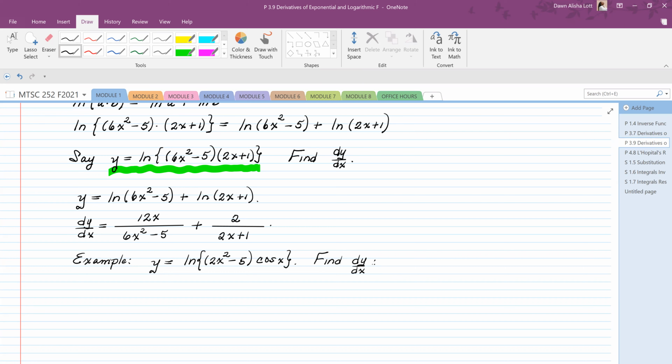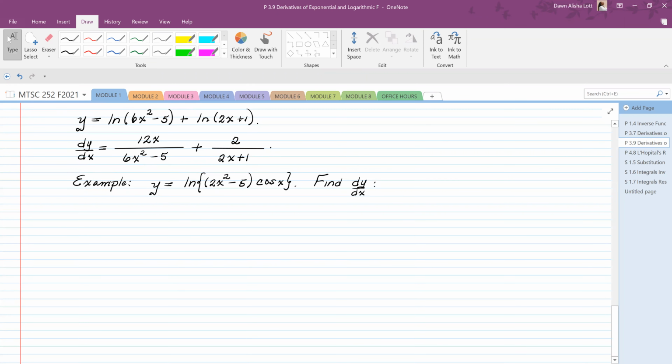All right, any takers for an answer? Well, for starters, it would be 4x over 2x squared minus 5. Okay. So I'm assuming you wrote it as the log of 2x squared minus 5 plus the log of cosine x. Yes. Okay, good.